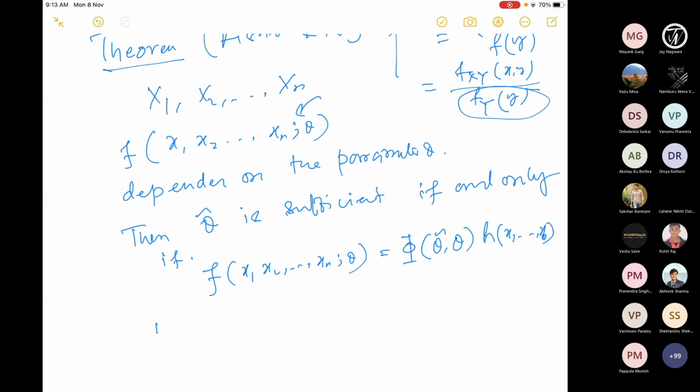So theta hat is again a function of x1, x2, xn.